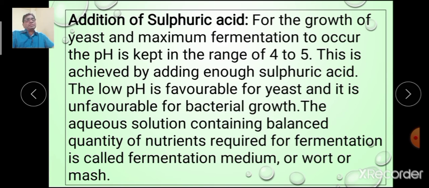Another reason for adding sulfuric acid is that it arrests the growth of unfavorable bacteria, and therefore sulfuric acid is added to this medium. Now the aqueous solution containing the balanced quantity of nutrients required for the fermentation is called a fermentation medium or vat, or it is also called a mash.